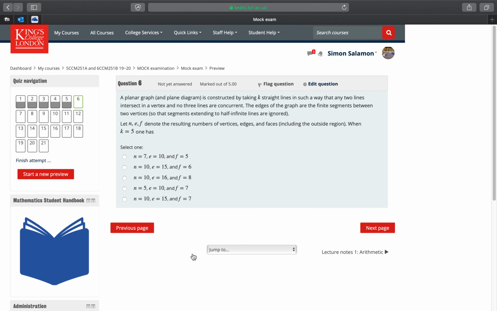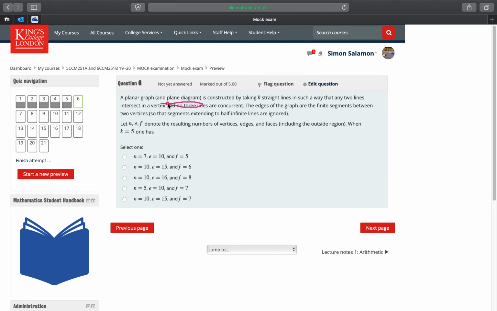Okay, so this is a more geometrical question, but it's clearly going to be based on Euler's formula, because we're talking about a plane diagram. So when we have a plane diagram, not only do you have vertices and edges, but you can also talk about faces.